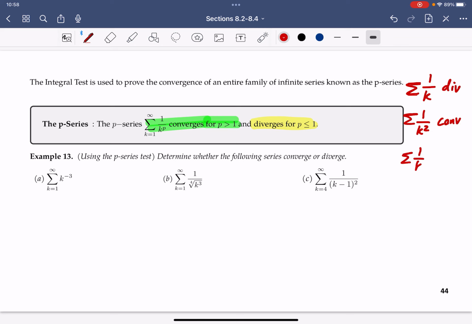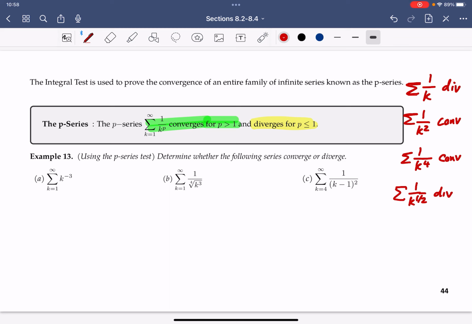The sum of 1 over k to the 4th power is convergent because the power of k is greater than 1. And for example, the sum of 1 over k to the 1/2 is divergent because the power of k is less than 1.